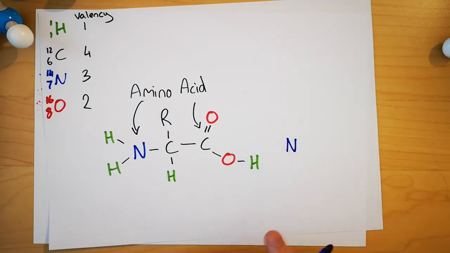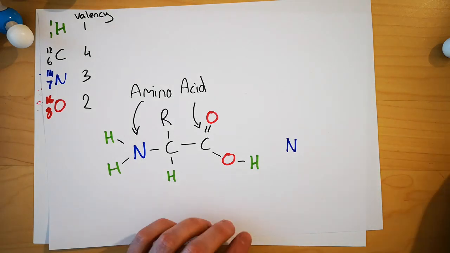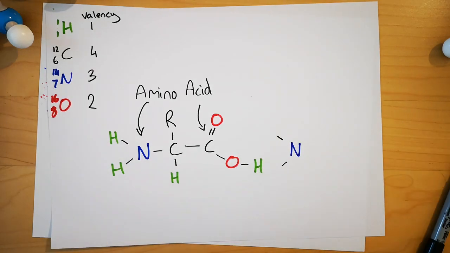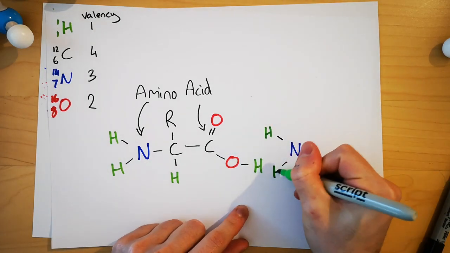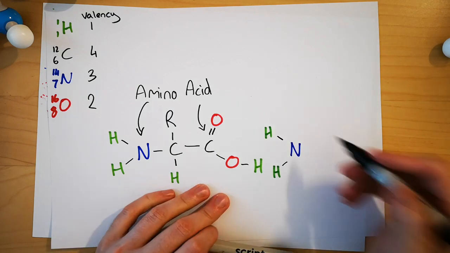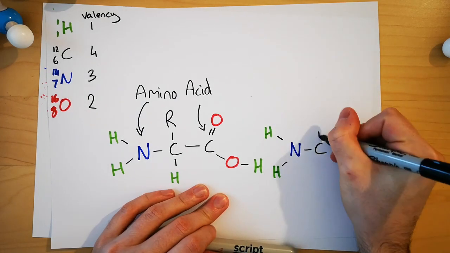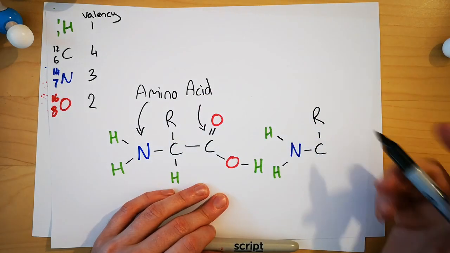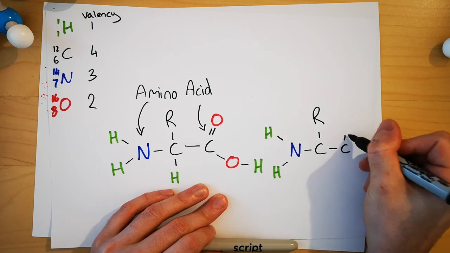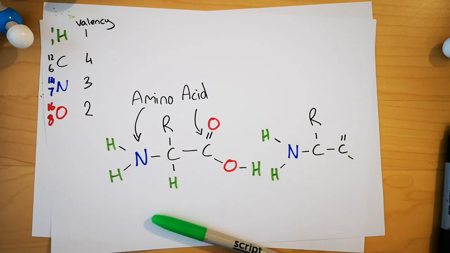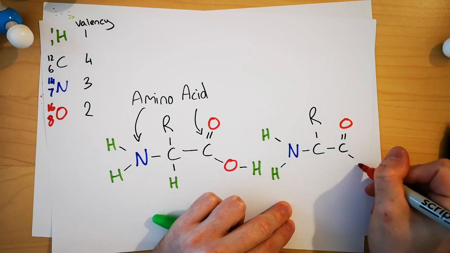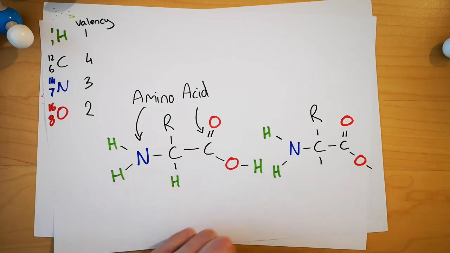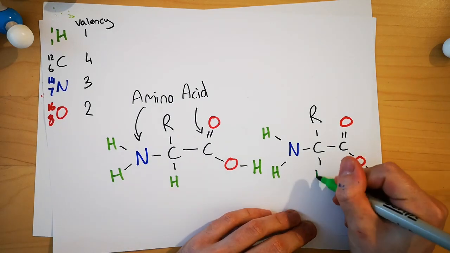We had a nitrogen with our hydrogens bonded to it there, and we had that nitrogen attached to another carbon with another R group, could be the same as this one, could be different, and we've got our acid group, which is our carboxyl group, and we've got our hydrogen there and our last hydrogen here.